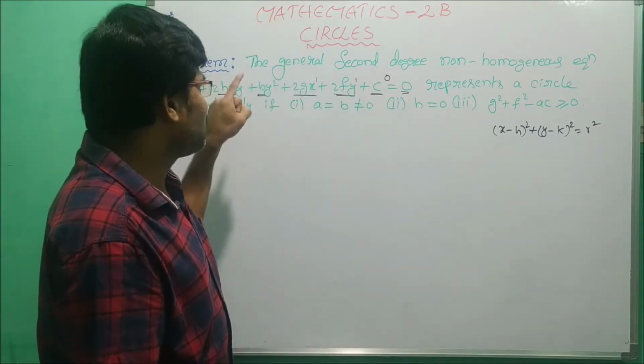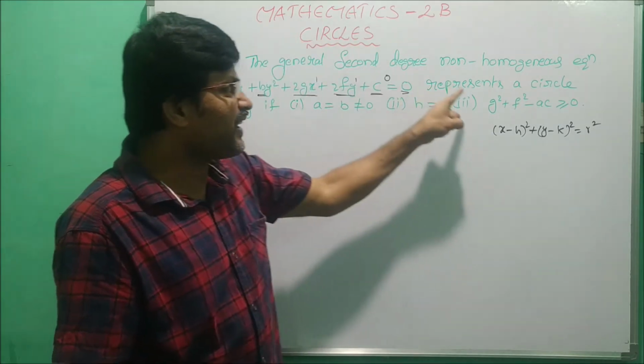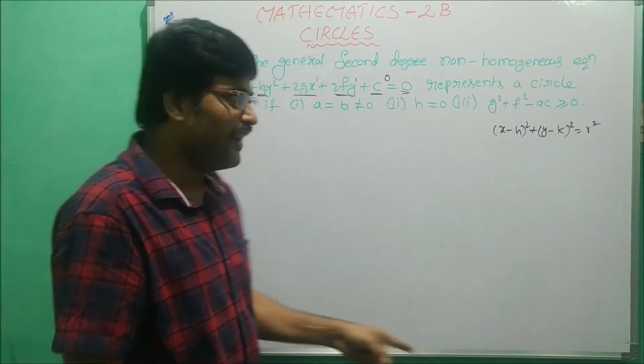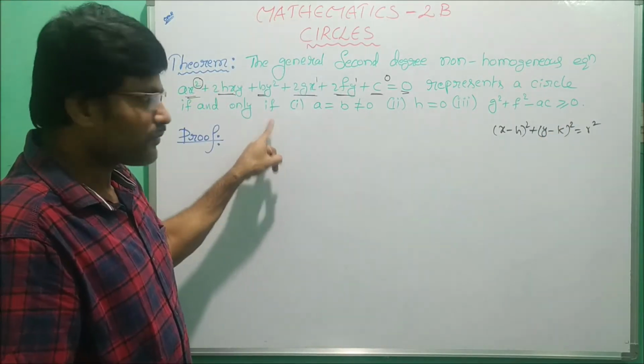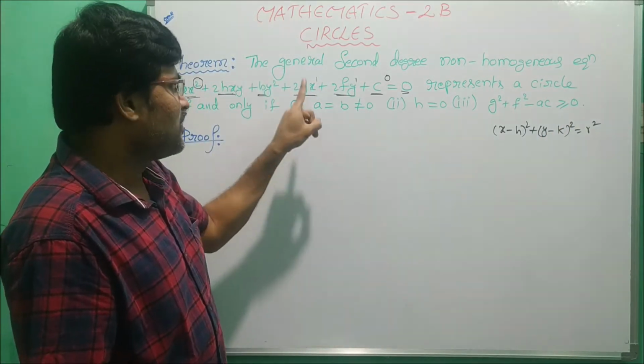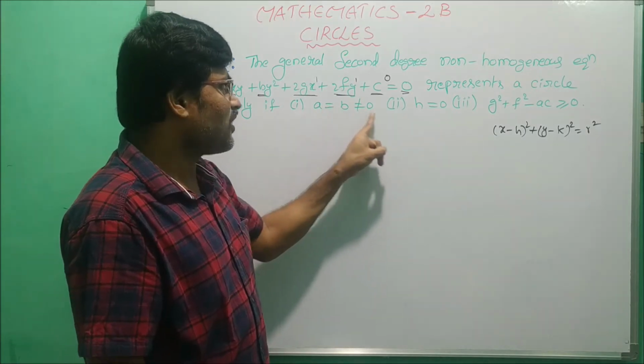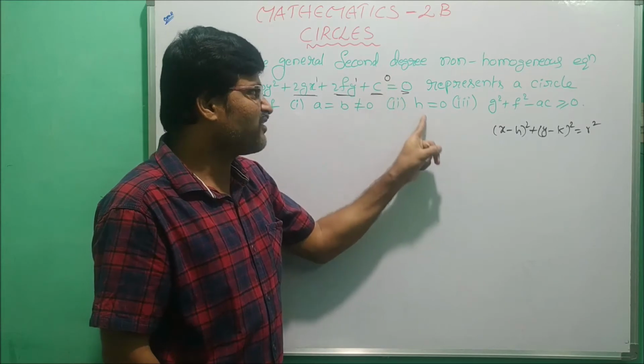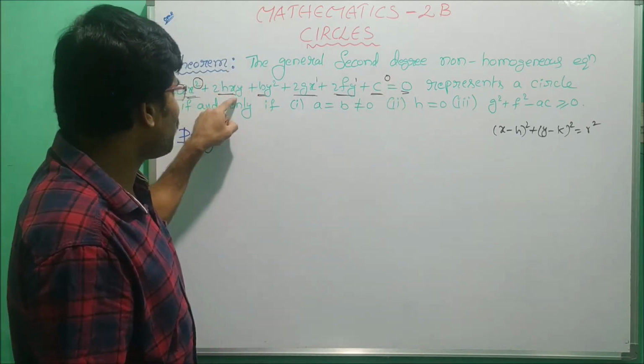Now this equation represents a circle if and only if, first, a equals to b, which are non-zero. This is the first condition. The second condition is h equals to 0, the coefficient of xy.